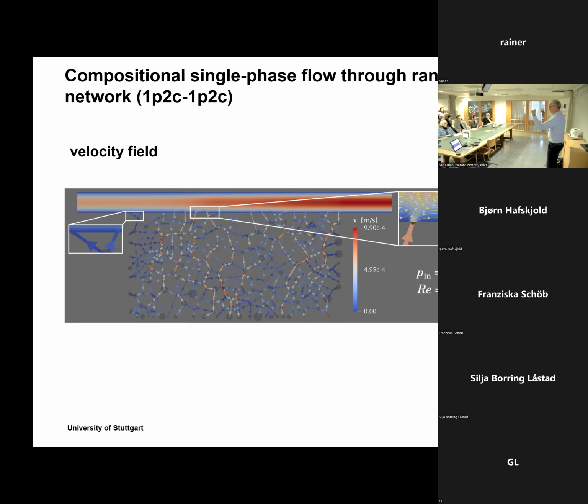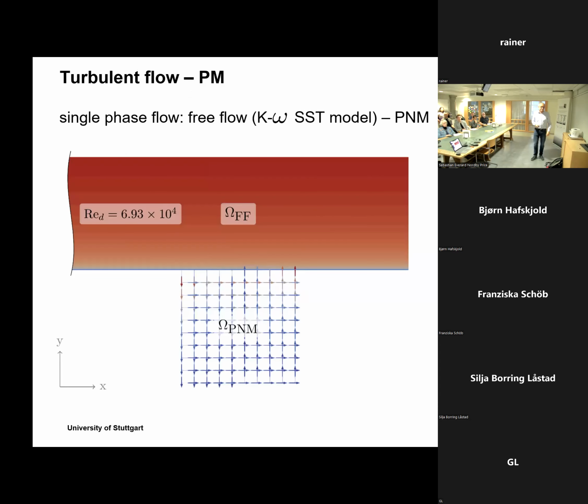You have a tiny gradient length, so that if you get a decrease of the thickness of the viscous sublayer, you get an increase of the diffusive flux from the free to the porous and from the porous to the free flow. Very important. Clear? Okay. We did it for turbulent flow. It's a master's student. She will start now with her PhD with us, together with Matt. And we have done it for turbulent regimes and so on.